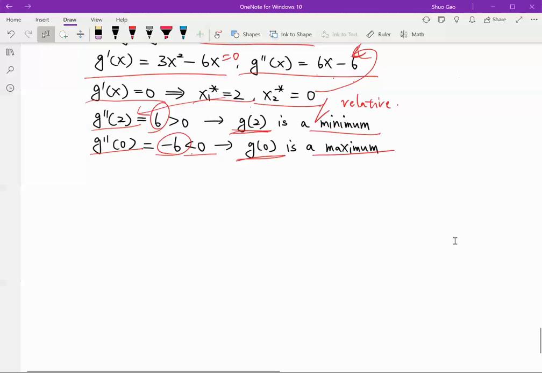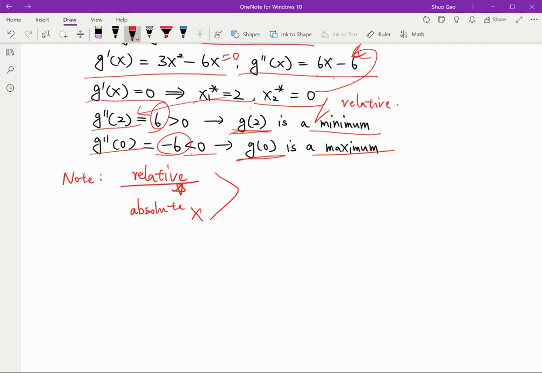But here's a little note. No matter whether you use the first derivative or the second derivative, what we have found is a relative minimum or relative maximum. It's relative, not absolute.